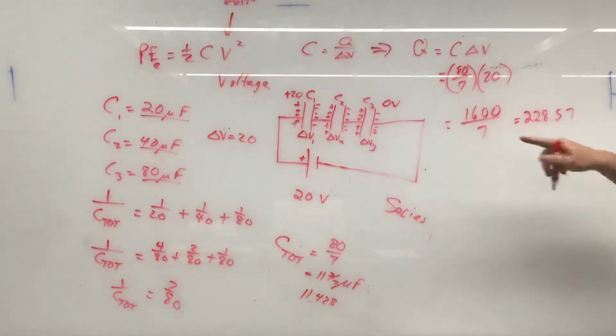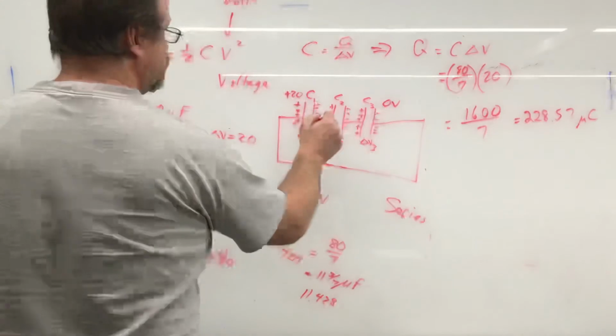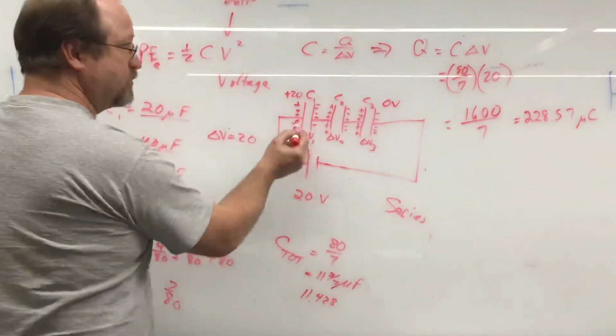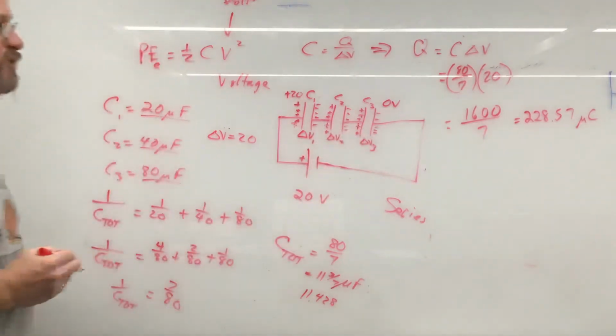Anyway, that's going to be in microcoulombs. Now, we talked about the fact that each one of these has the same charge on it. So the charge on this one's 228 microcoulombs, 228 microcoulombs, 228 microcoulombs.